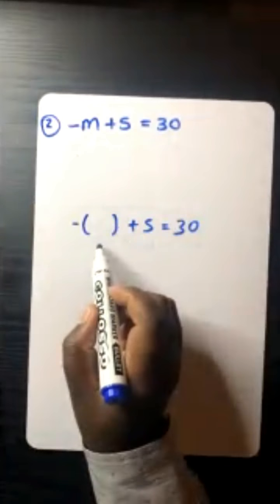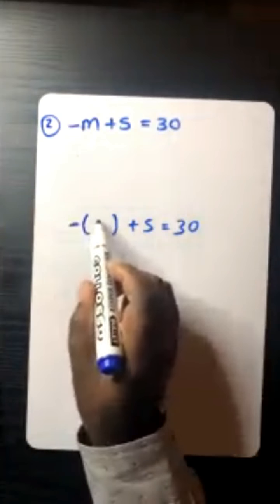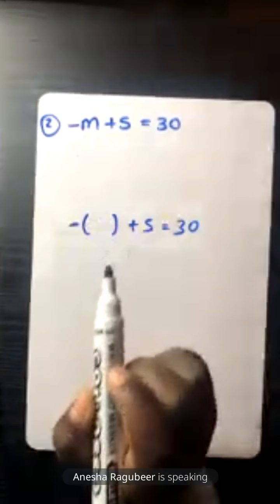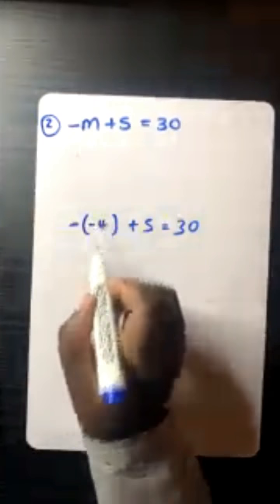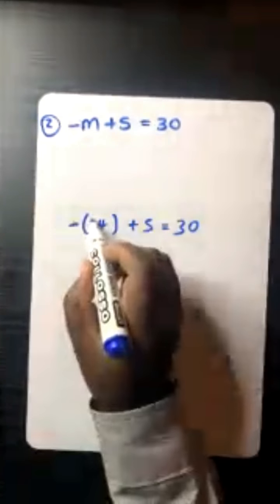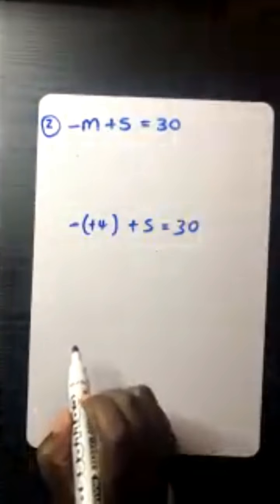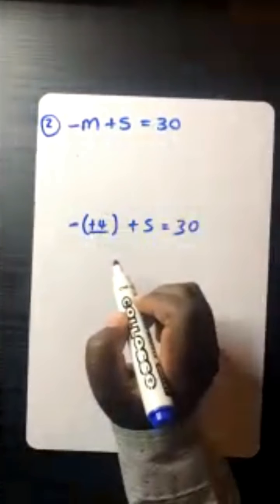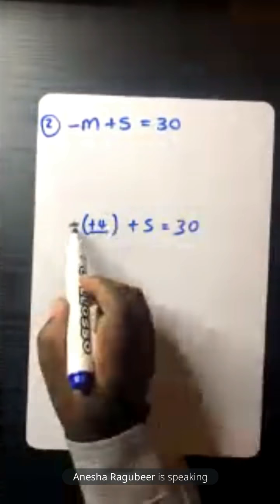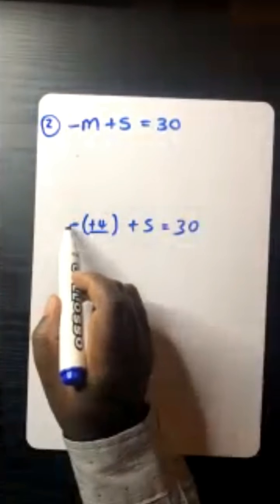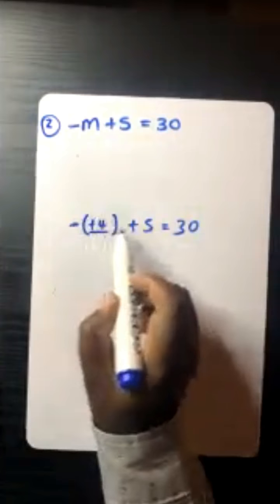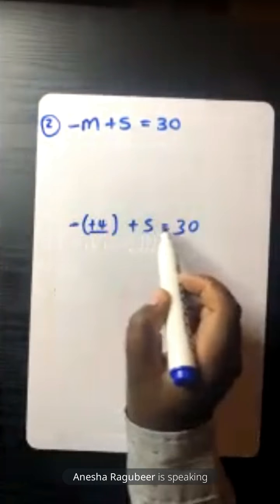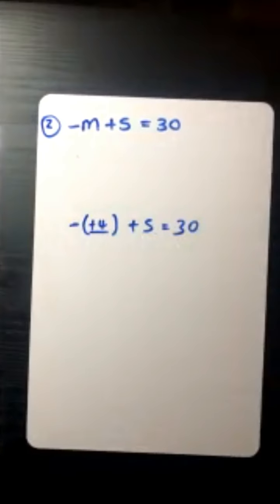So what number when you say negative that number, and again, that number could be negative 4, for example. It's not that it's always going to be a positive number. So regardless of whether that number is negative or positive, you say what number when you say negative that number plus 5 will have to give you 30. Can you understand that part? Yes, sir.